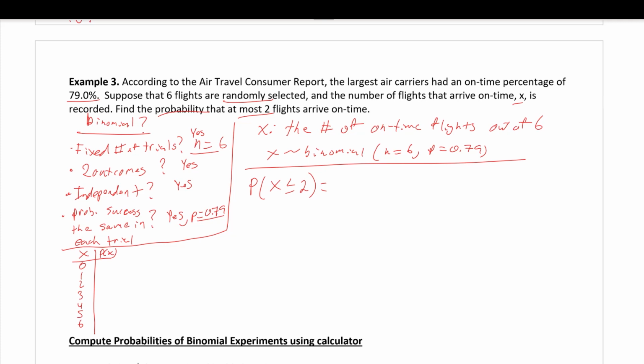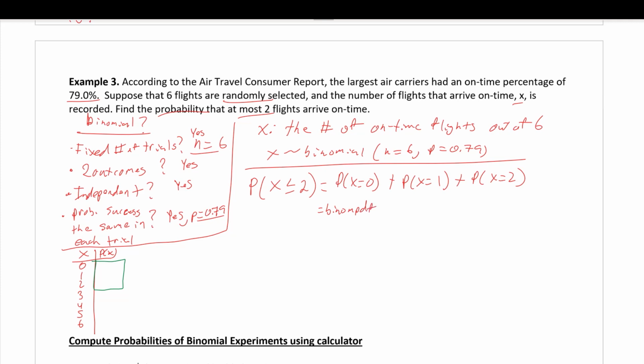We're looking for essentially 0 through 2. Well, how can you do this? We can add up the probability that x equals 0 plus the probability that x equals 1 plus the probability that x equals 2.